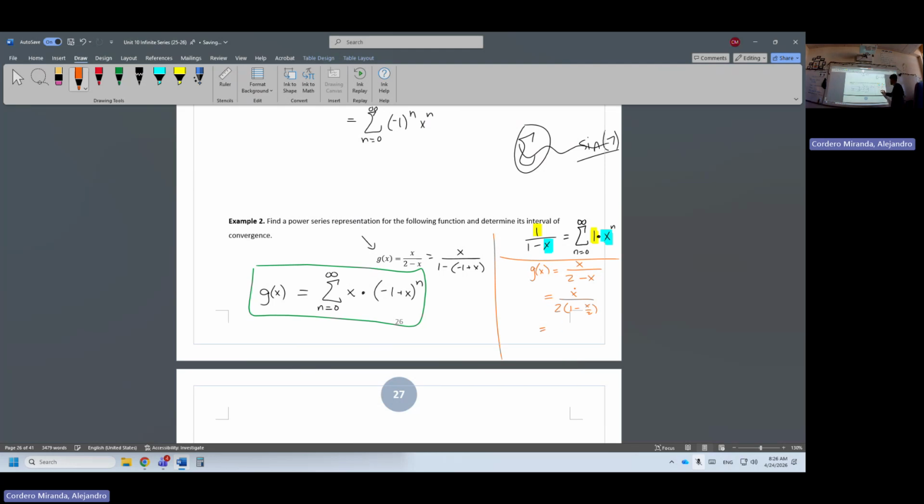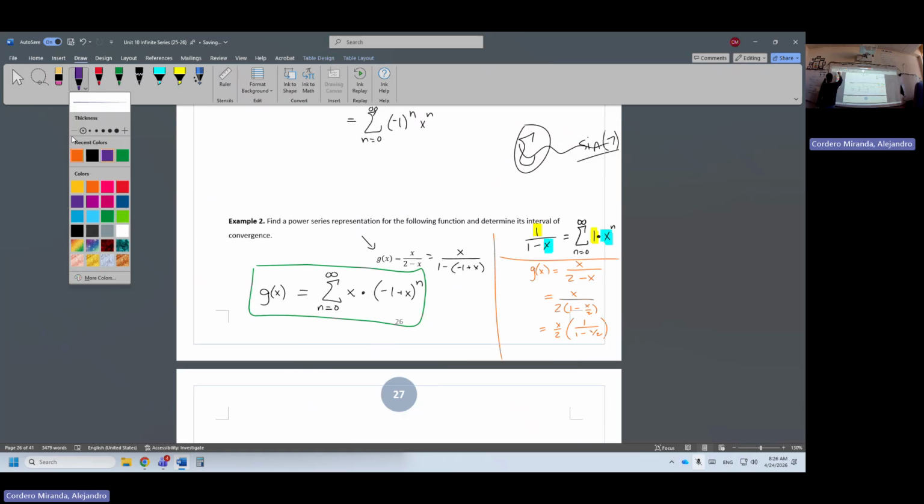Watch this. If I take out an x over 2, then this is really helpful because this part right here looks exactly like this part right here. Except for instead of it being 1 minus x, it's 1 minus x squared. But you can just change it in your power series.